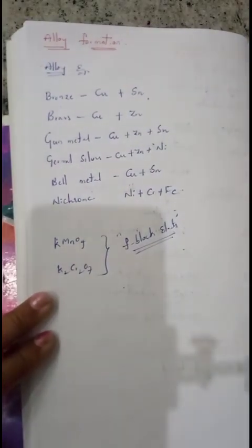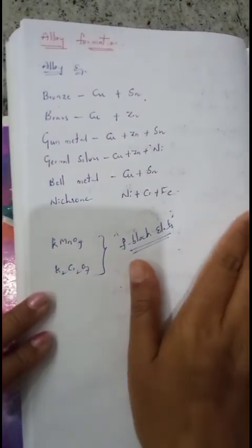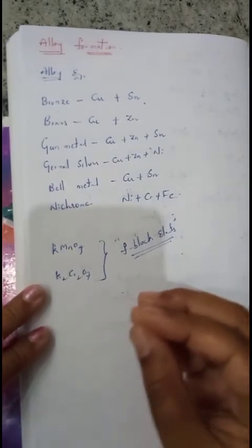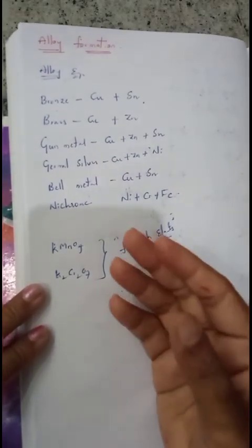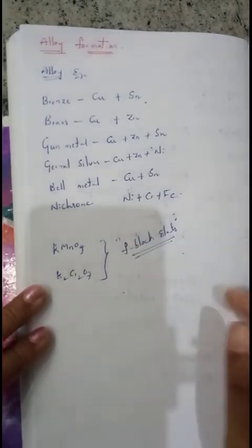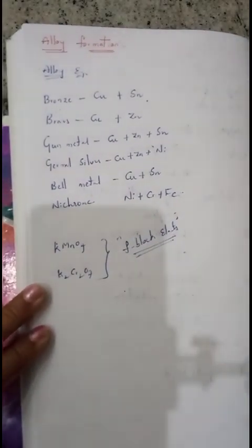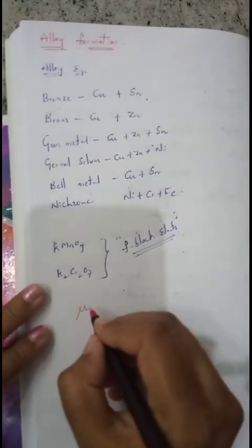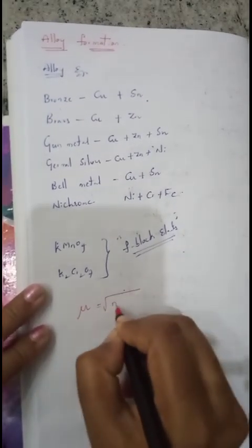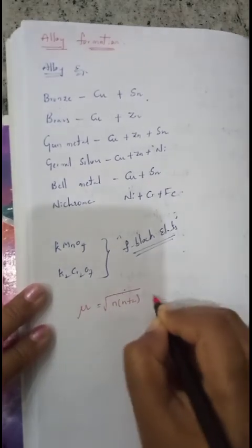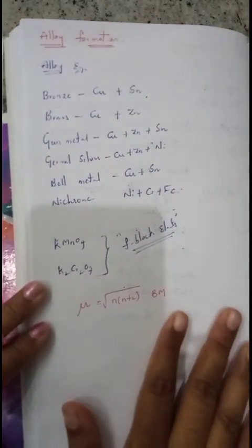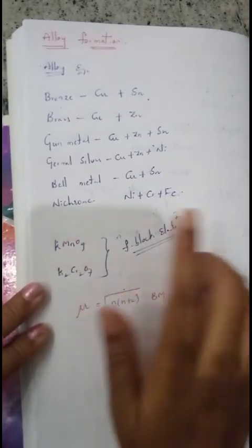So try to concentrate on the general properties of D block elements. The major questions will be asked either from the color property or from the magnetic behavior of the substance. The magnetic behavior of a substance can be calculated using the spin only formula: mu equals the square root of n(n+2), and the unit for this is Bohr magnetons. Concentrate on the properties, and along with that, study these two.